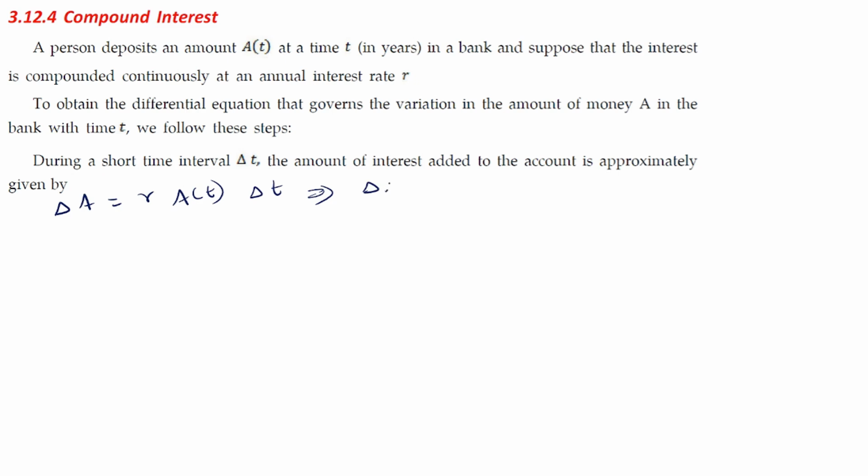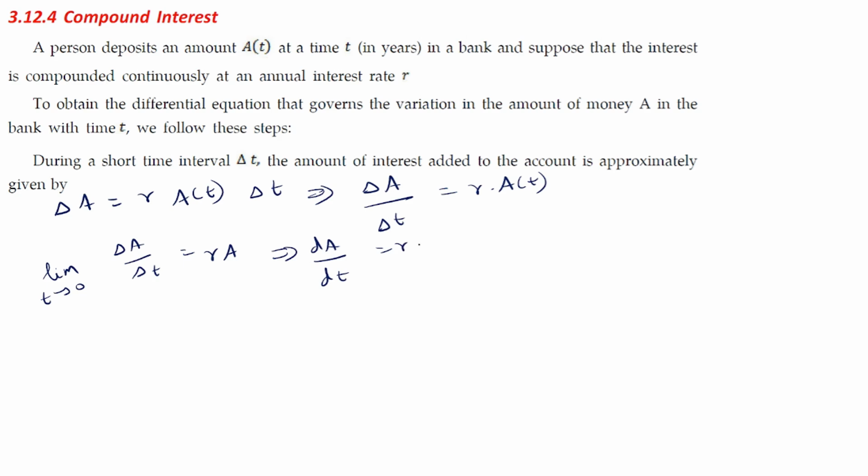So from this we get delta A/delta t = R A(t). Now we are considering that interest is compounded continuously. So if we take the limit delta t tends to 0, we have dA/dt = R A.